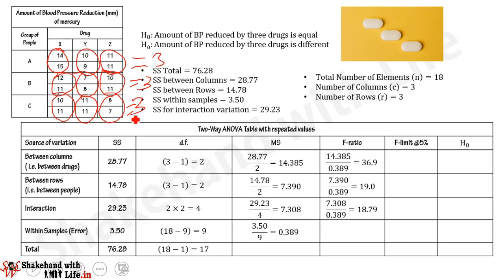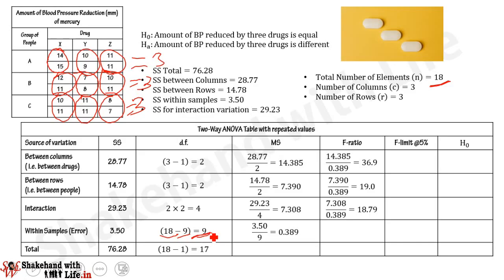We have a total of 9 means. Therefore the degrees of freedom corresponding to the sum of squares for variation within the samples is 18 minus 9. 18 is the total number of elements, minus the 9 means, so we have 9 degrees of freedom, right?